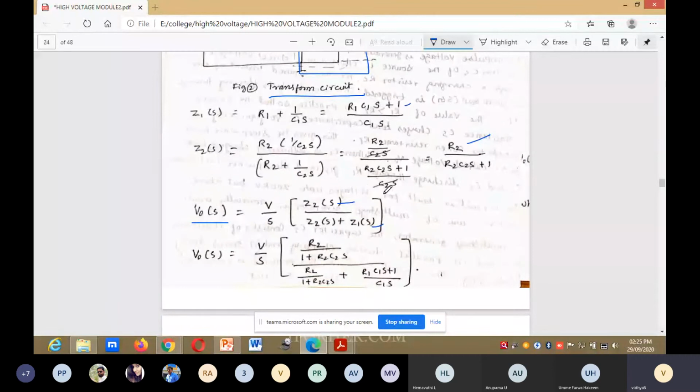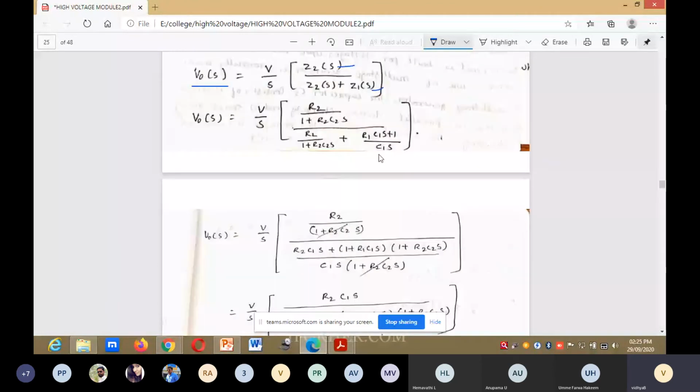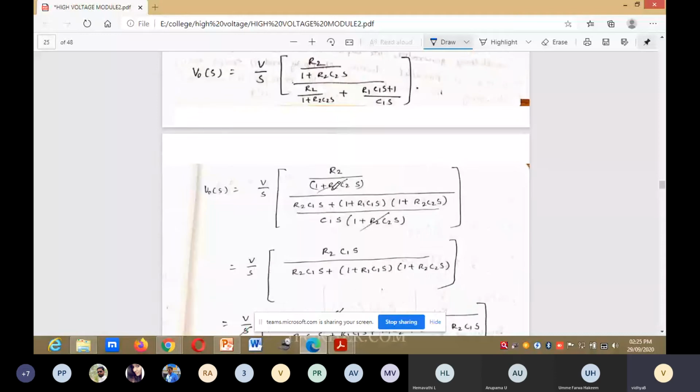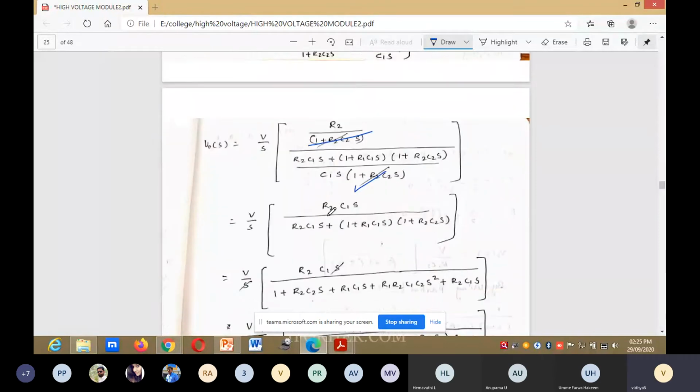After substituting and after taking LCM, you'll get 1 plus R2 C2 S here and also here. If you take out the LCM for this, you'll get this one. These two get cancelled. After that, V by S into open bracket R2 C1 S divided by R2 C1 S plus open bracket 1 plus R1 C1 S close bracket open bracket 1 plus R2 C2 S close bracket.